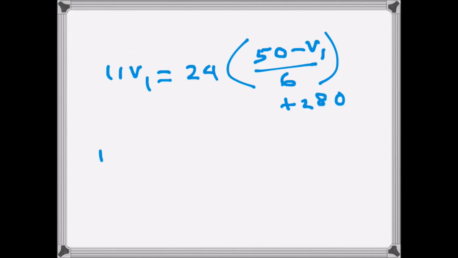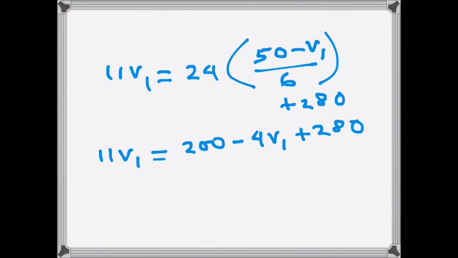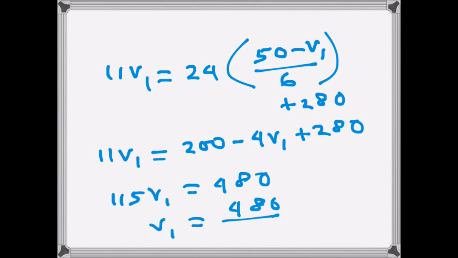So this is becoming 11V1 equals 4 times (50 minus V1) plus 280. So 200 minus 4V1 plus 280. So that's becoming 15V1 equals 480, which gives V1 equals 480 divided by 15, sorry, this is 15, not 115.